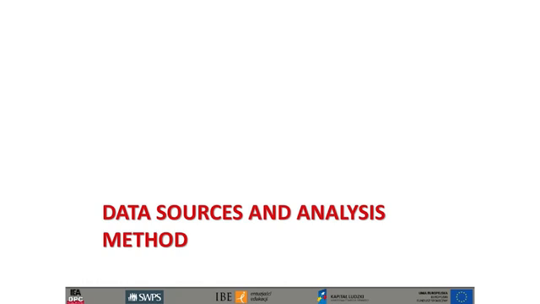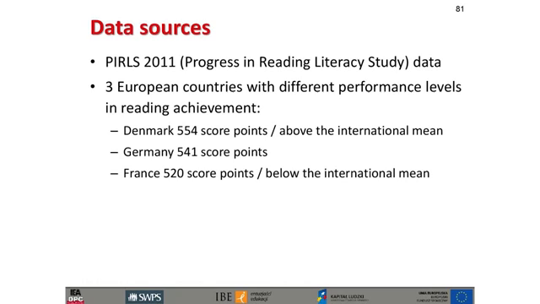Data sources and analysis method: we used the PIRLS 2011 data. We analyzed 3 European countries with different performance in reading achievement, and this is Denmark, Germany, and France. I know that taking into account the entire range of achievement in PIRLS, this is not so much difference between those countries.